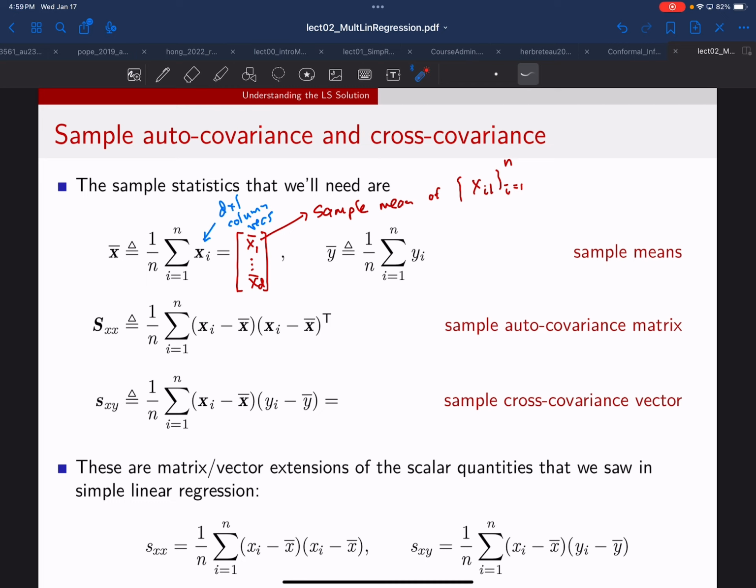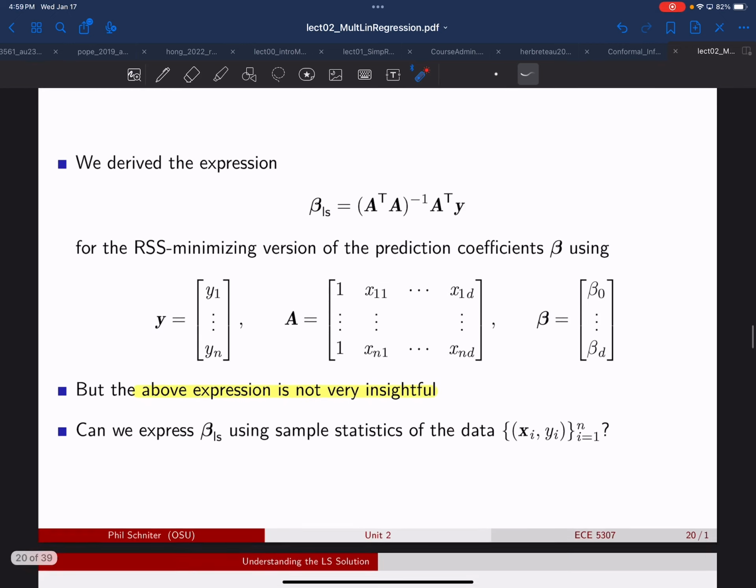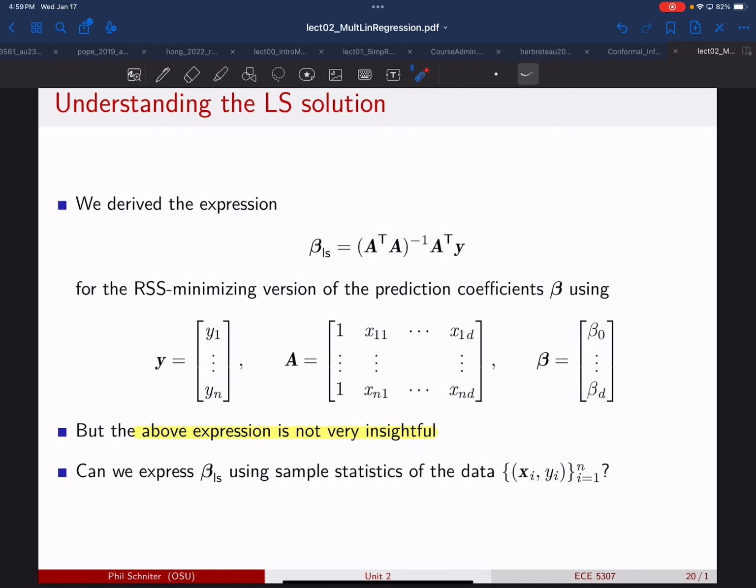Is that also equal to the ith column of A, the big matrix A? It's closely related to the ith row of A. For example, this is the nth row of A, and you can see it has the data for the nth patient. The only difference is that A has this additional intercept 1 in there. So boldface x n would be this.